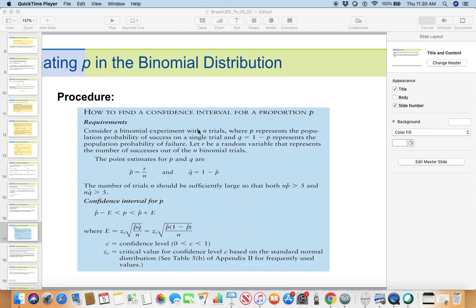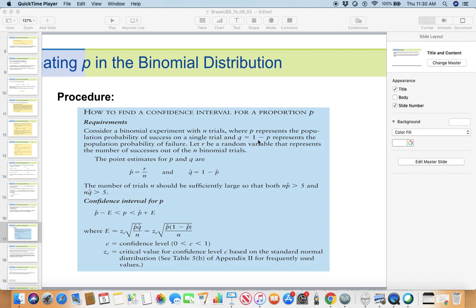Continuing, so here is a summary of how to find a confidence interval for a proportion P. What are the requirements? Consider a binomial experiment with n trials, where P represents the population probability of success on a single trial.